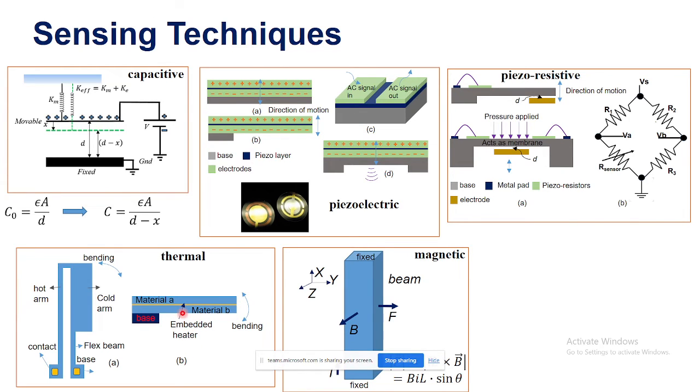When current is passed through this structure, this embedded heater will generate heat that will transfer to both material A and material B, which have different TCE. We know from elementary physics that TCE stands for temperature coefficient of the material.